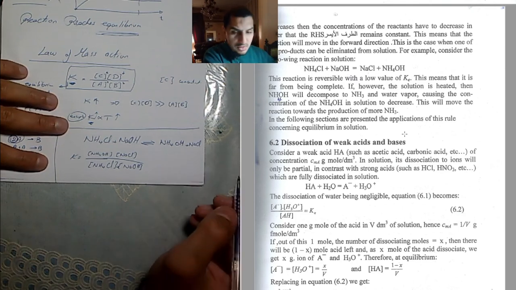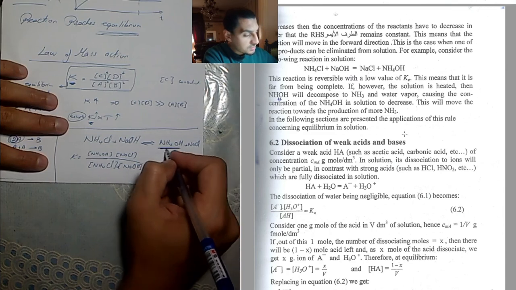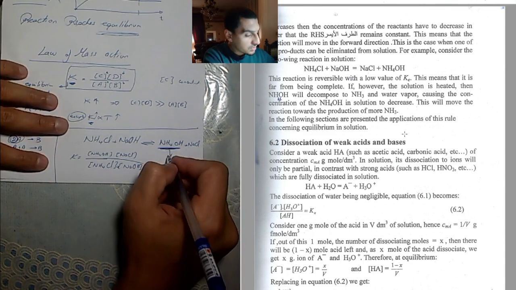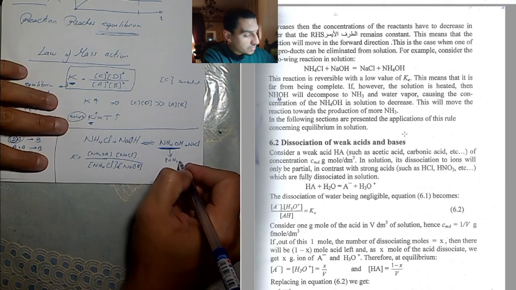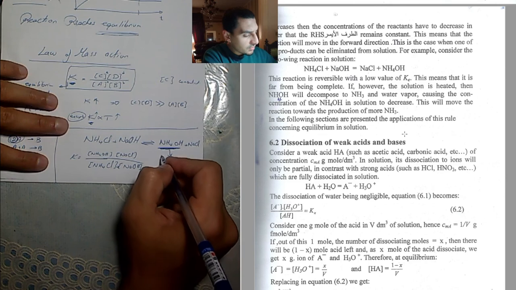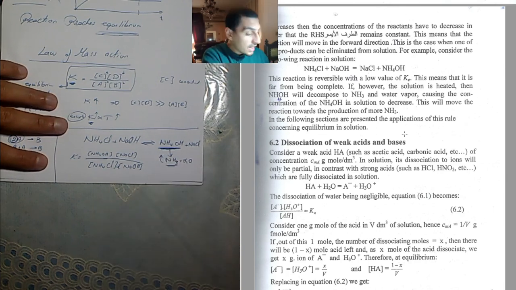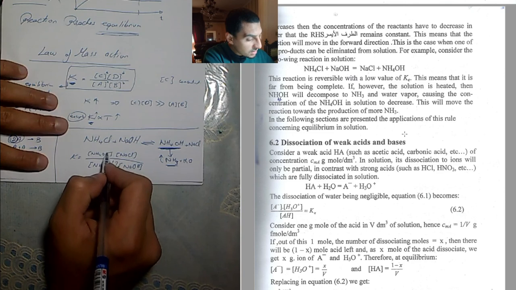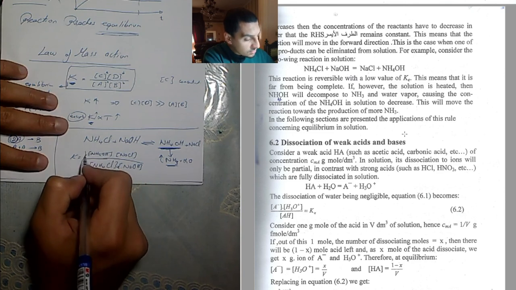And it's going to reach the equilibrium, but at some specific conditions or at high temperatures, the ammonium hydroxide breaks to ammonia plus water, and this ammonia evaporates and leaves the solution. And in this case, what happens is that the ammonium hydroxide gets lower.